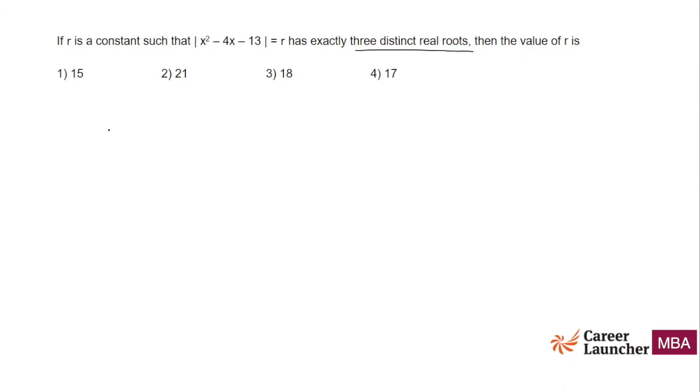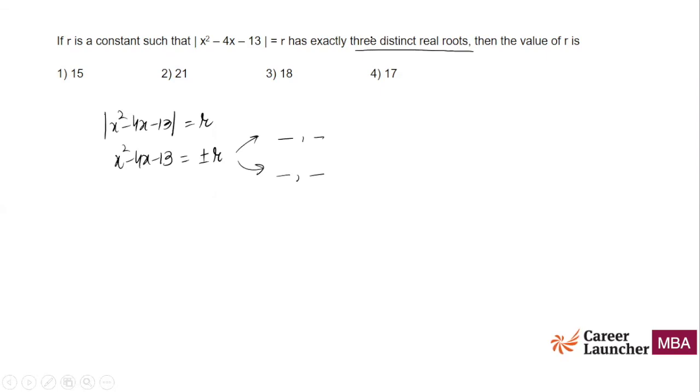If I open the mod, then what will happen is this R will take plus minus R. So I will get 2 quadratics from here, and each quadratic will give me 2 roots. So I'm going to have 4 roots. Out of those 4, if 3 are real, then the 4th one is also going to be real.